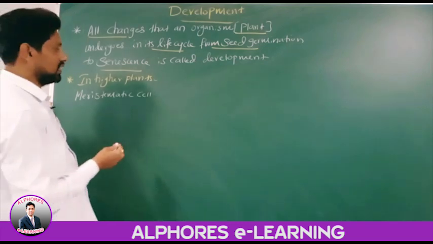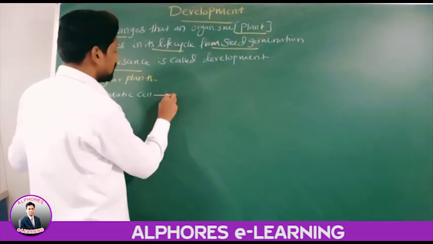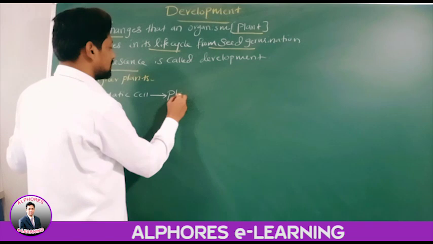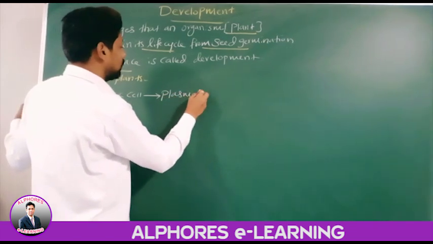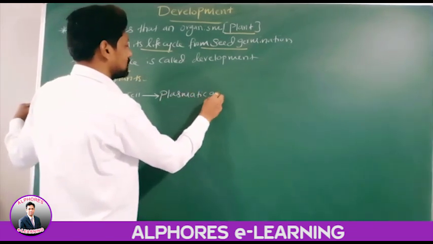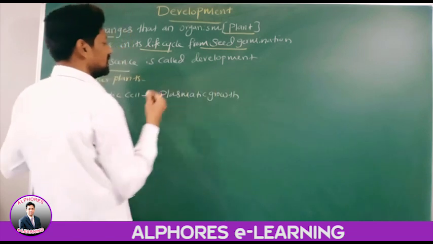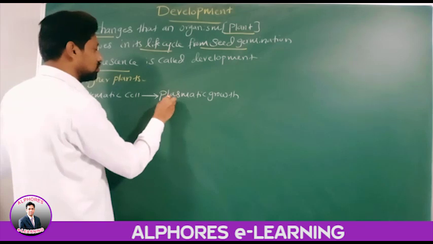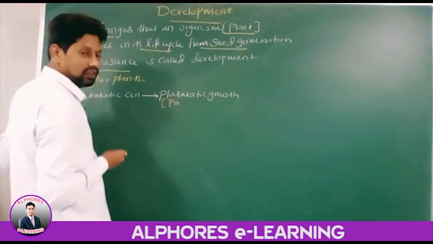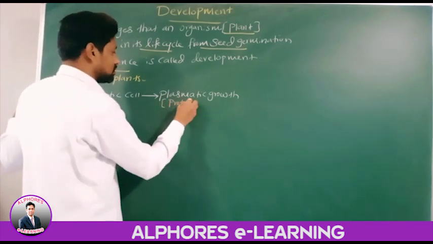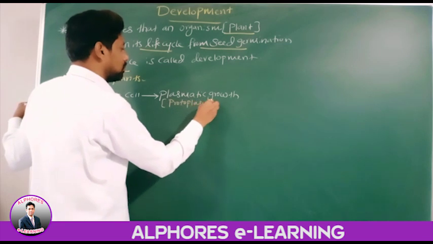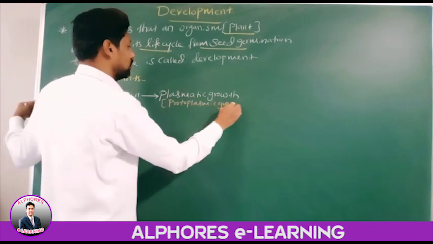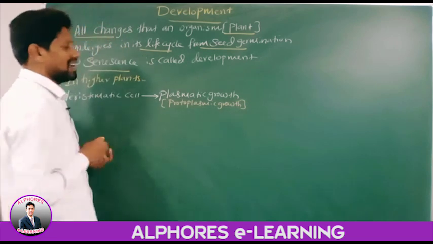Meristematic cell means which can divide. In this meristematic cell, first plasmatic growth happens. What is the meaning of plasmatic growth? Nothing but growth in protoplasm. So I am calling this protoplasmic growth.